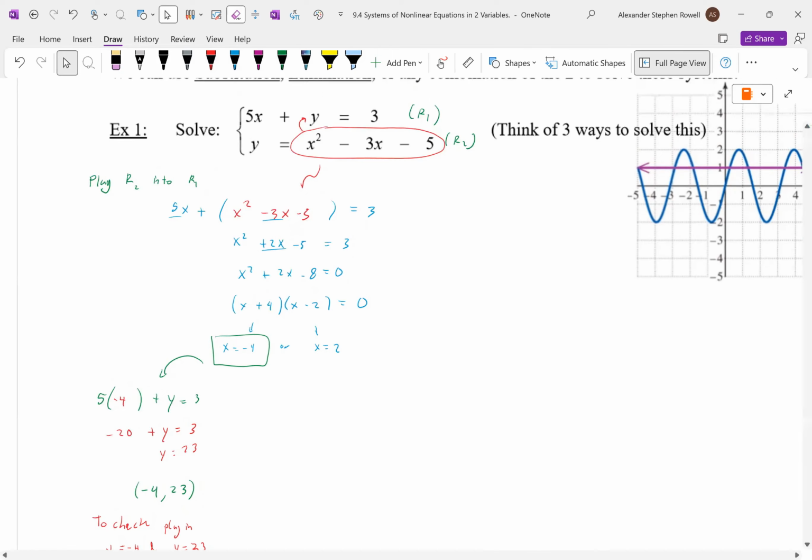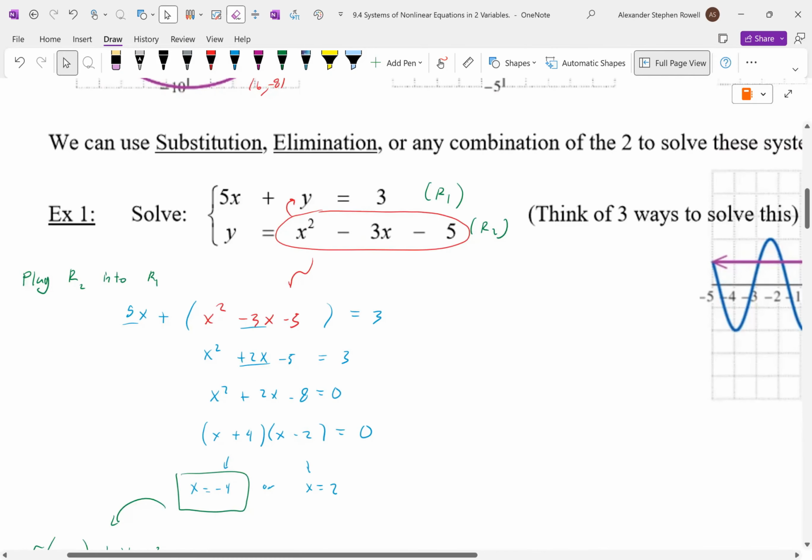We plugged one equation into the other, so we combined them. When you combine the equations and you find an x value, these are exact x values where they intersect. So these are for sure correct solutions, assuming I didn't make a mistake. So I need to find the corresponding y value.